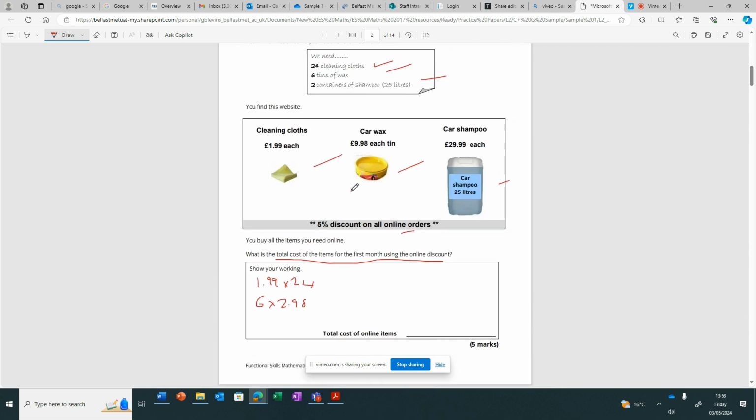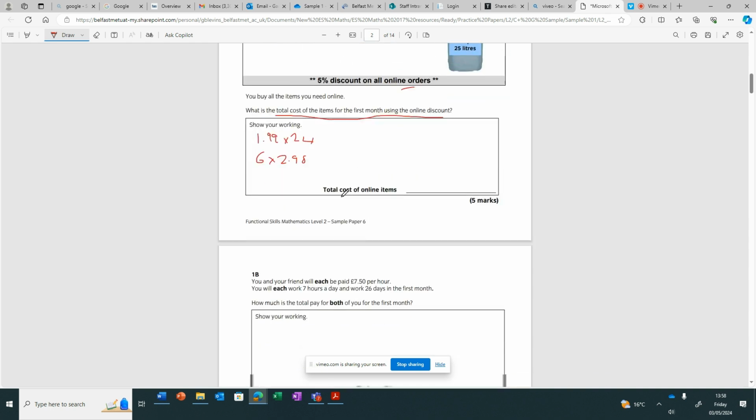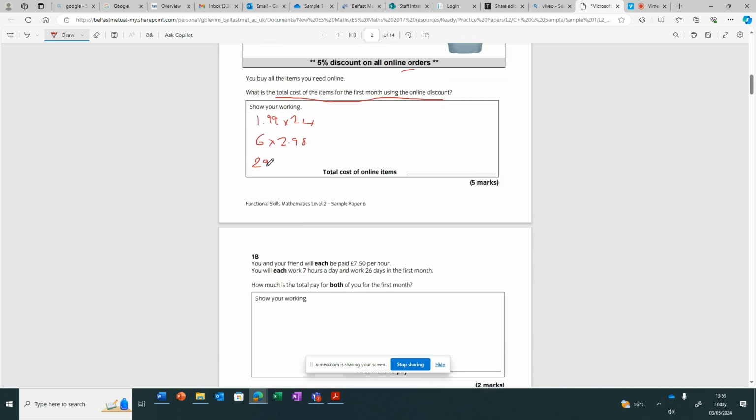And we have shampoo at £29.99, and there's two containers. Right, so we do all this and we'll get our total. I think that's £47.76 on a calculator.